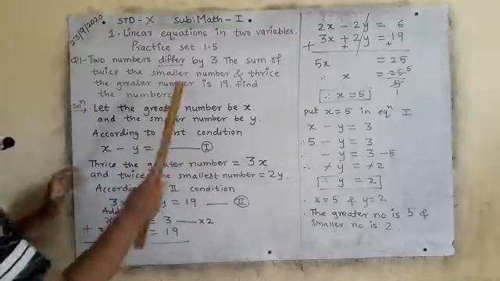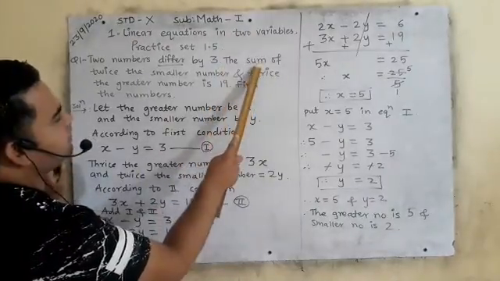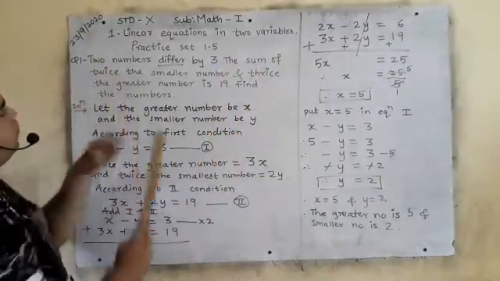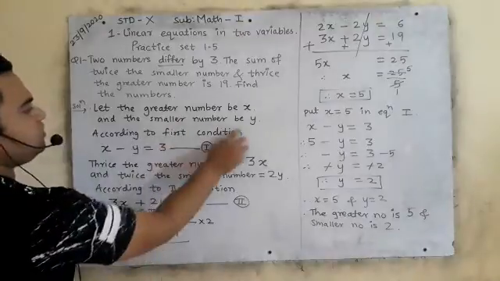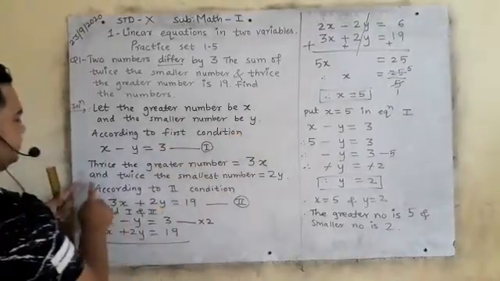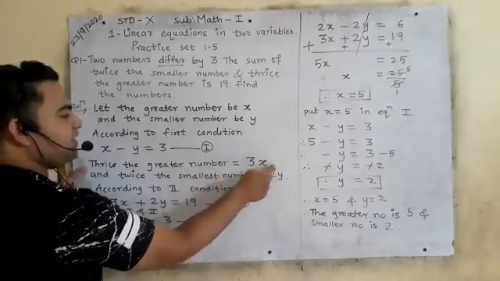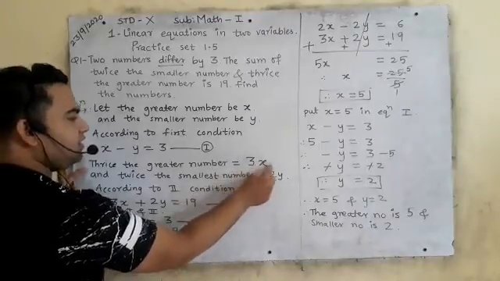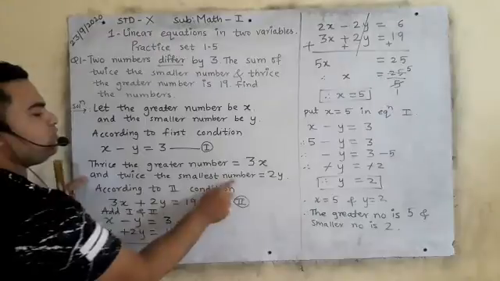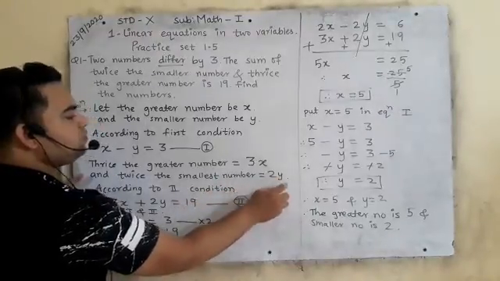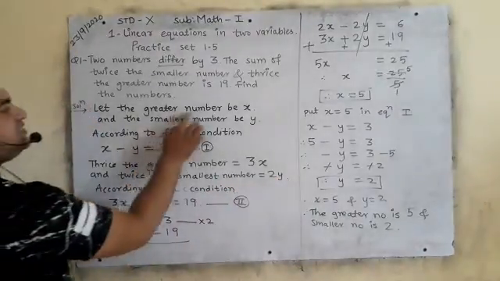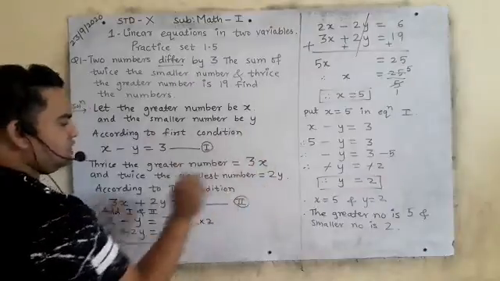Now see the second equation. The sum means addition. Twice the smaller number, which is y, so 2y. Thrice the greater number means 3 multiplied by the greater number, that is 3x.